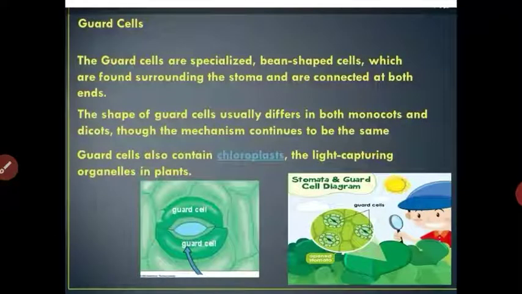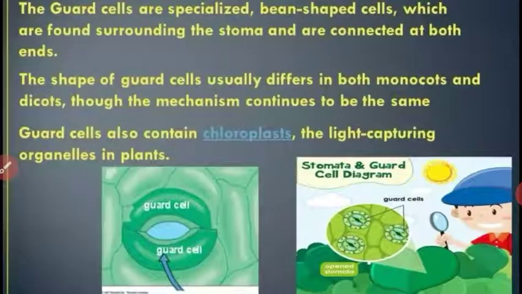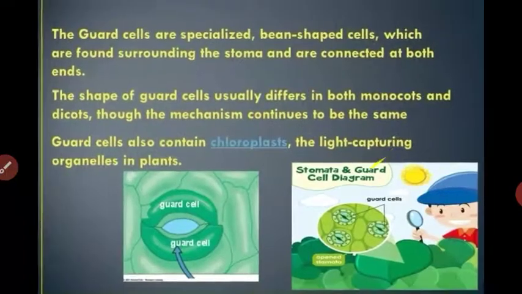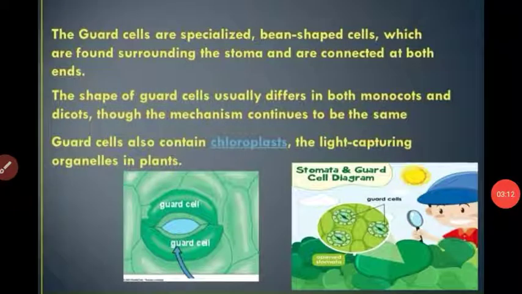Okay, now we are going to see the structure of stomata. Each stoma is made by two bean shaped guard cells.